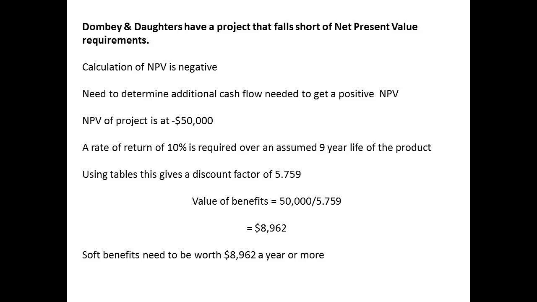The value of benefits required will be equal to 50,000 divided by 5.759. This gives us a figure of $8,962. The soft benefits would have to be equal to $8,962 or more a year to make the project investment worthwhile.